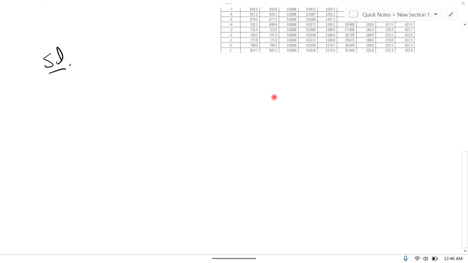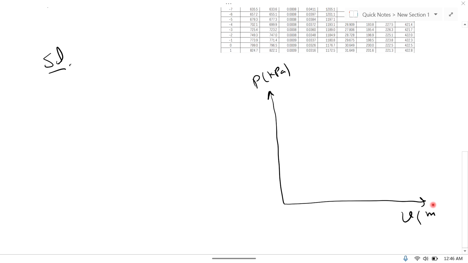So first we draw the PV diagram. This is pressure in kilopascal, and this is specific volume in meter cube per kg. You can also draw a TV diagram.